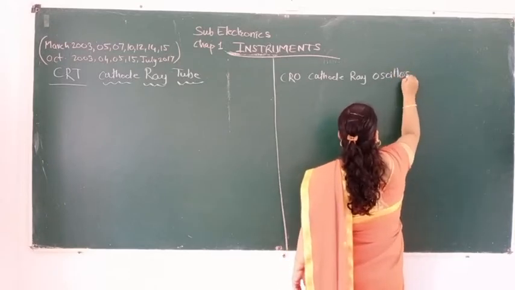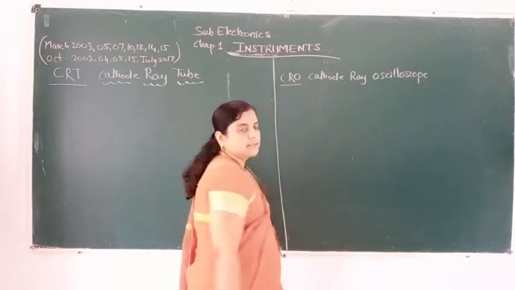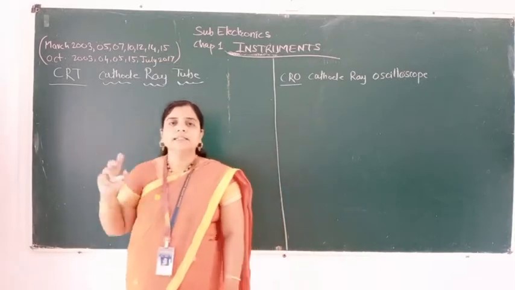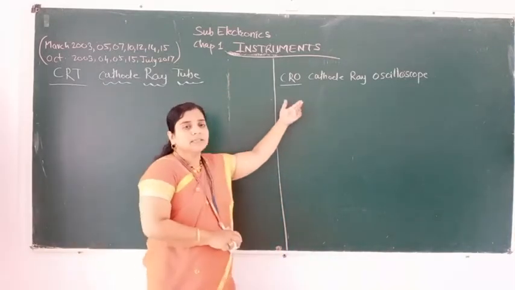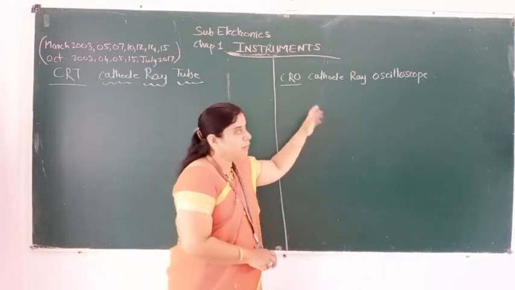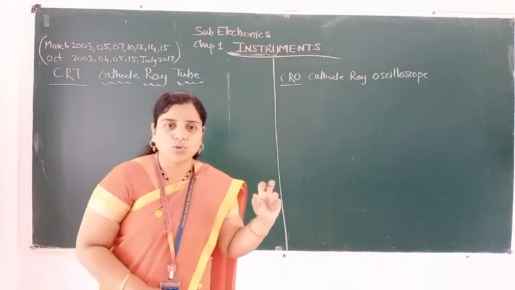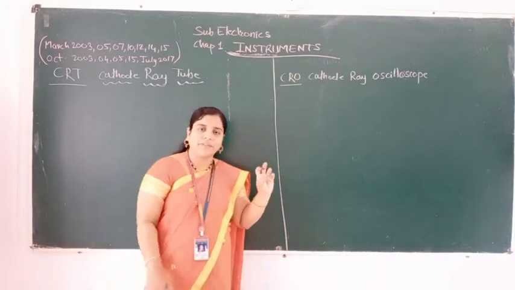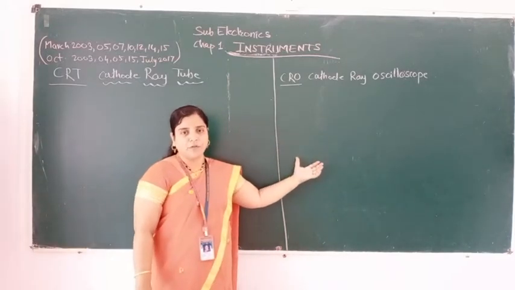In this CRO, CRT is used. CRT means cathode ray tube. Cathode ray tube is used in CROs. What is this? This is an instrument. CRO is an instrument which is used to measure voltages, frequencies and to observe various waveforms.